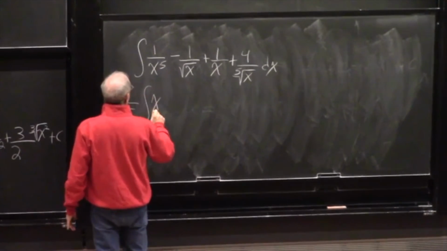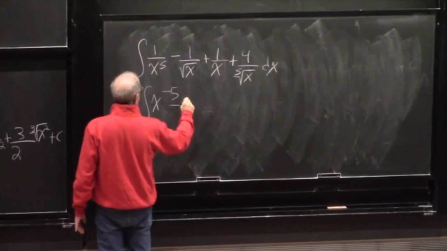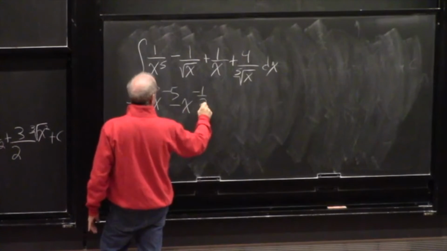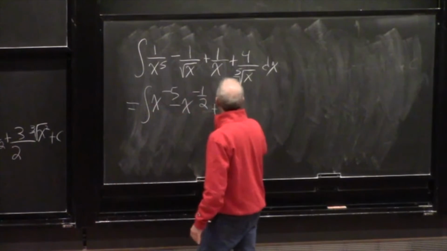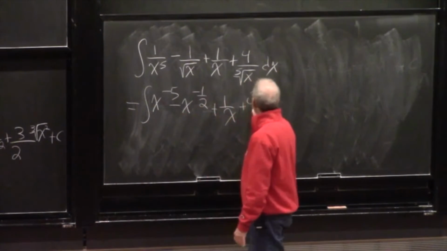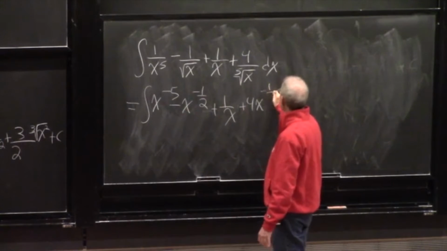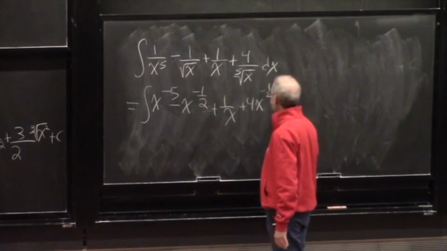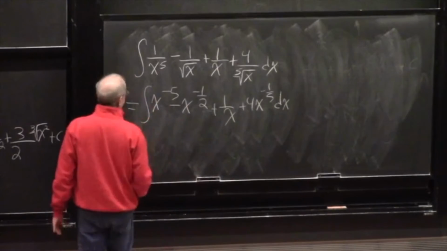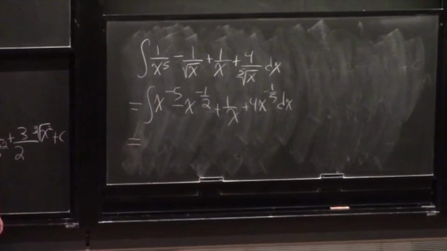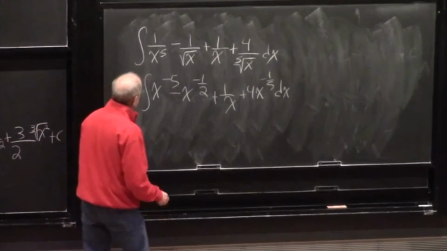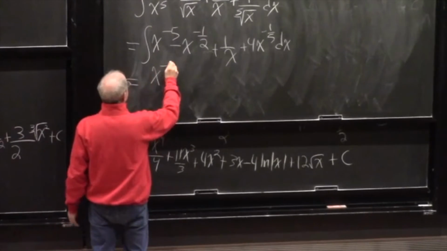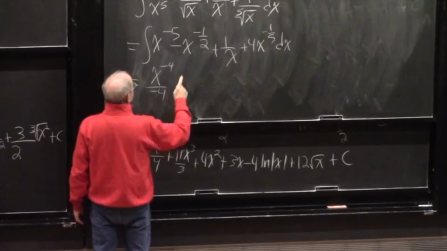as x to the negative 5 minus x to the negative 1/2. Leave the 1 over x alone. And then this is x to the negative 1/5. And then take the integral. So the integral of x to the negative 5 is x to the negative 4 over negative 4.